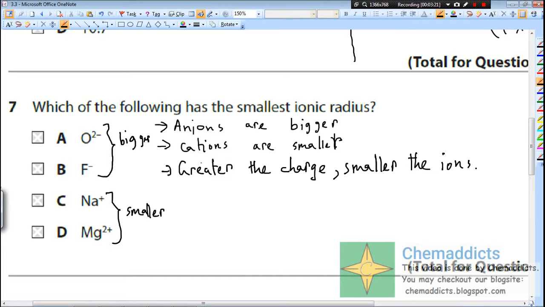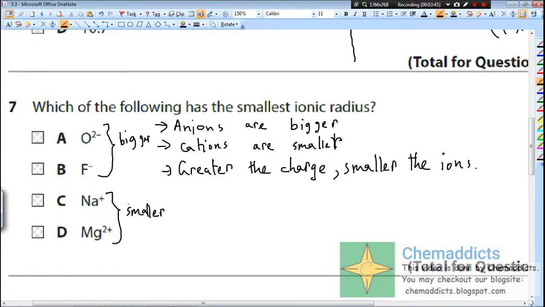Negatively charged means it has a greater number of electrons than its usual atoms, so there would be increased repulsion between the electrons in shells. That is why anions are greater than their usual atoms.